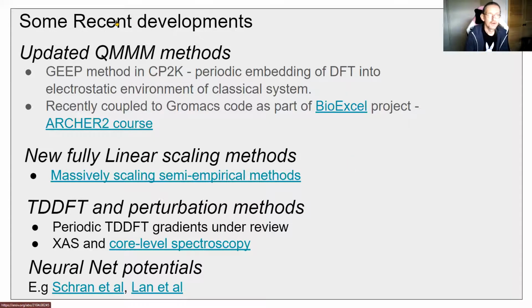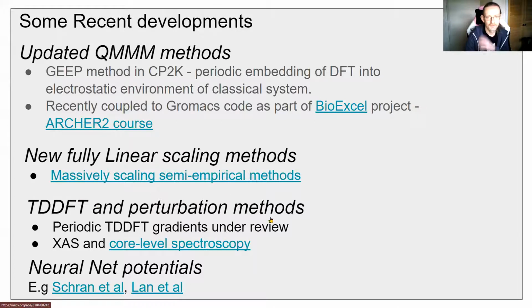Stuff that's going on that I'm aware of. There have been QM/MM methods in CP2K for ages, but there's been a new coupling to the GROMACS code as part of this BioExcel EU project. There's a training course on how to use CP2K coupled with GROMACS offered by the EPCC as part of their ARCHER2 stuff. There are new linear scaling methods, currently done for a tight binding, GFN tight binding method.